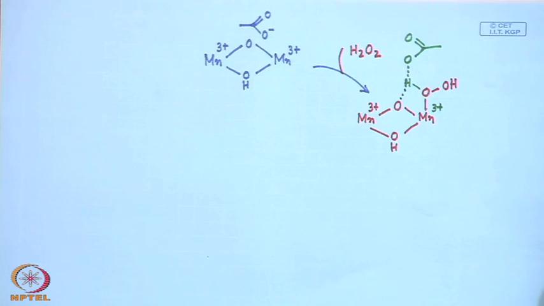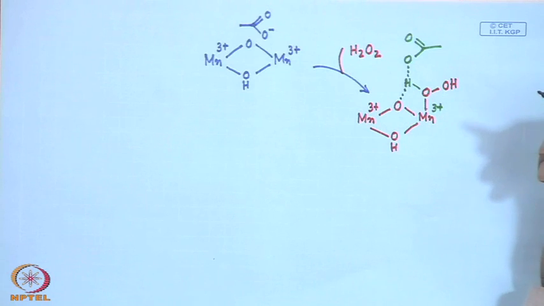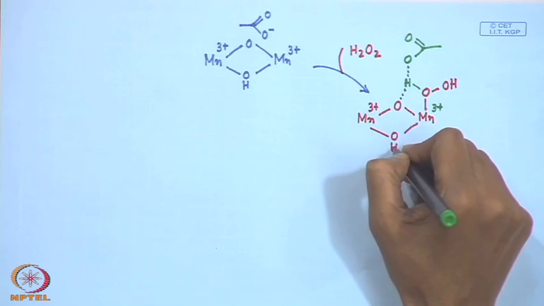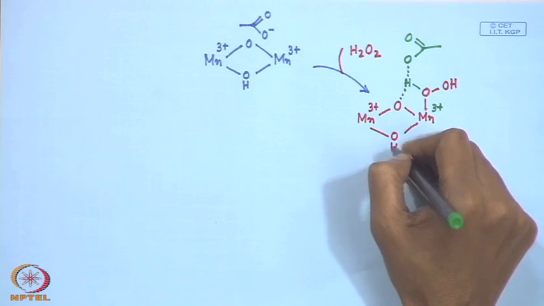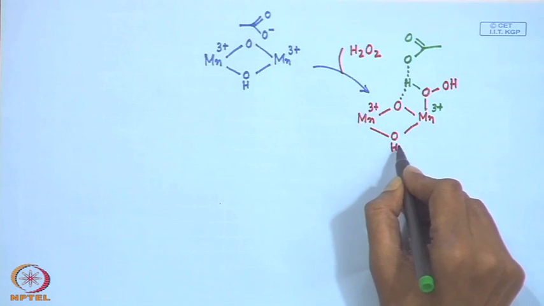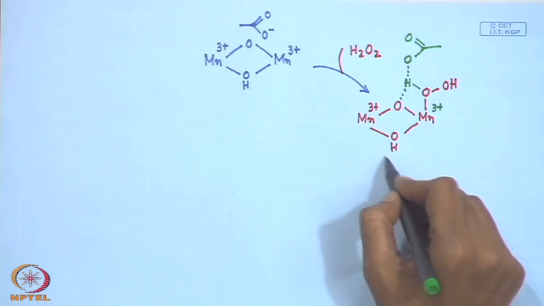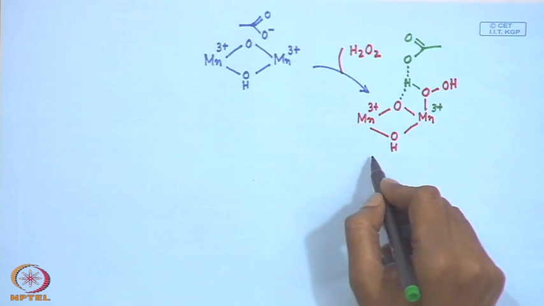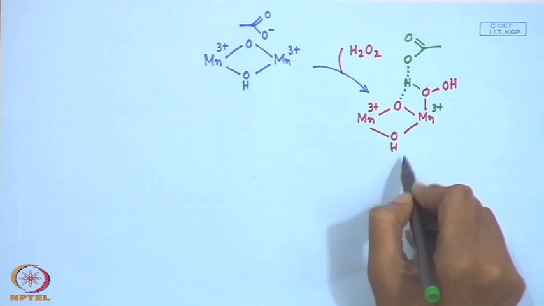These are very well known interactions, because we will see in the other example of this dimanganese compound that whenever we have this oxo and hydroxo function, and this hydroxo function is bound to such a manganese 3,3 center, this oxygen can always have some tendency, because there is a little bit of polarization always there. So, this hydrogen can go for hydrogen bonding interactions with another carboxy end or any other group, and ultimately it can be removed from there.